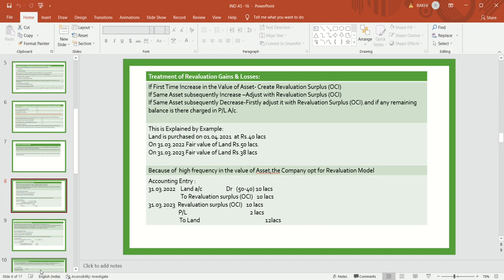So the company reverses the revaluation surplus OCI with 10 lakhs, because the company has created 10 lakhs only. And then the company credits the land with 12 lakhs, the differential amount. The remaining balance is to be charged to P&L as impairment loss.